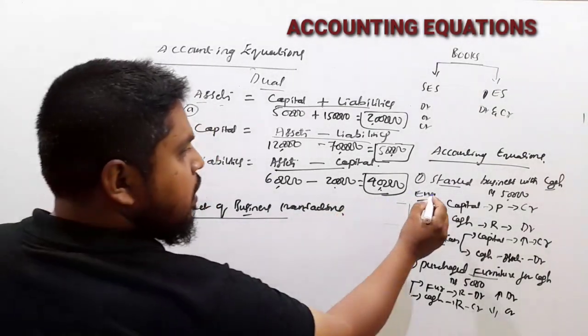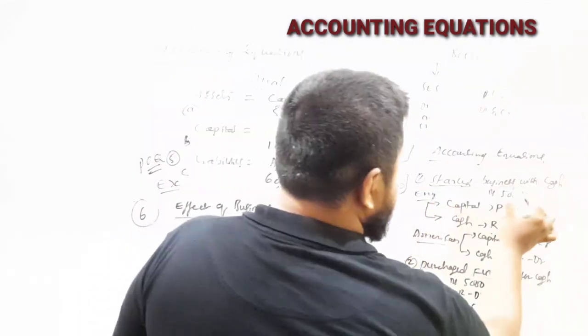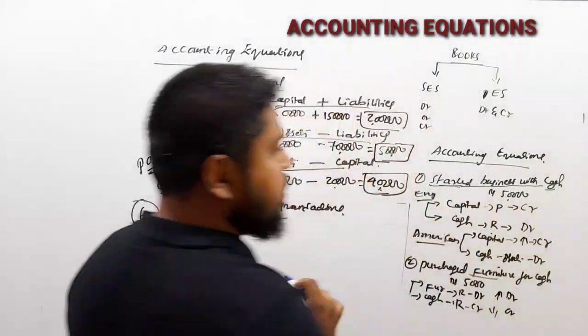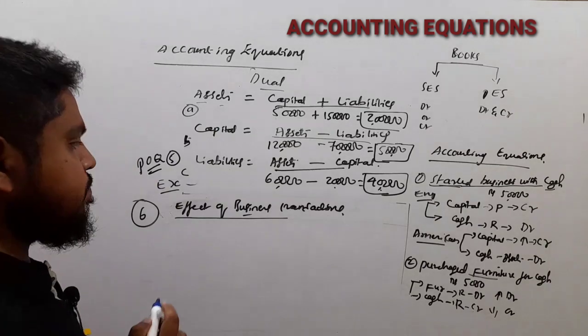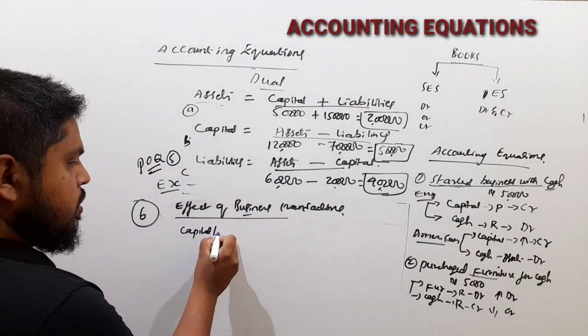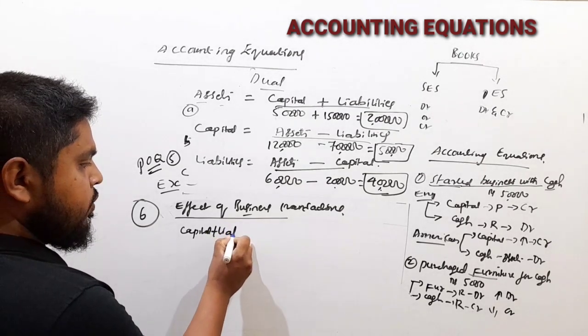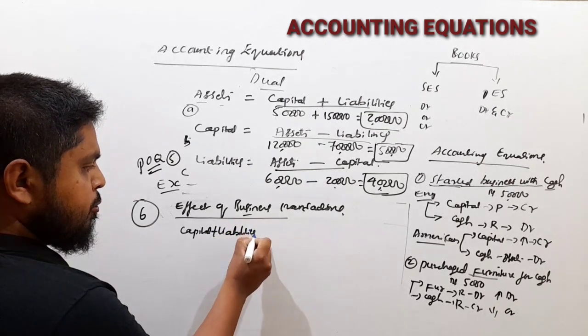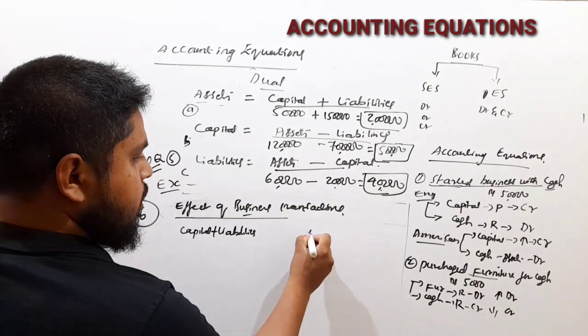First, started a business with cash rupees 50,000. So capital plus liabilities, and here assets.